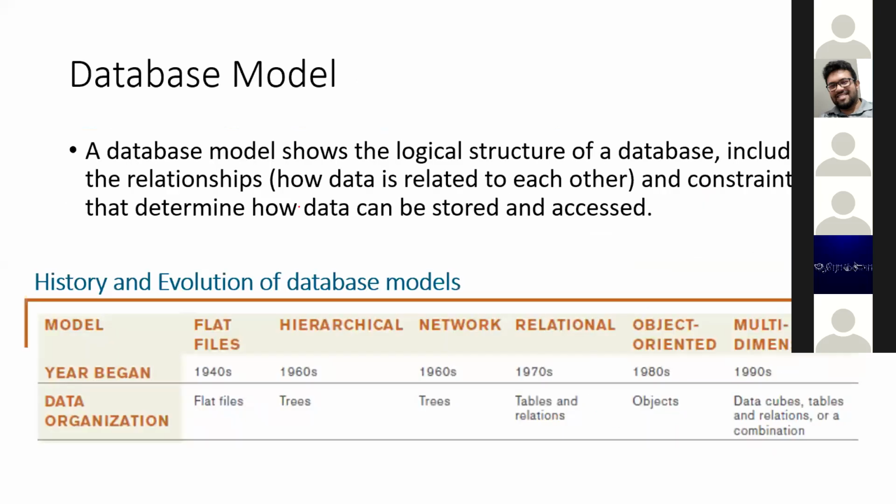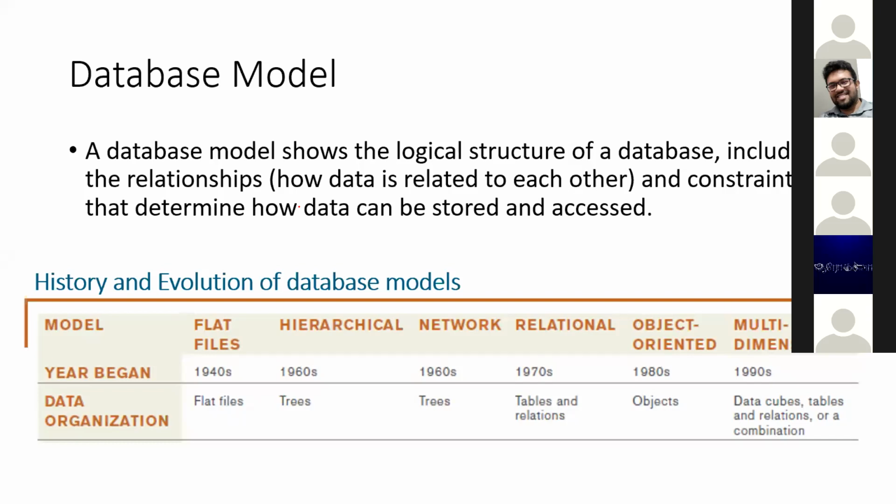Now database is one thing, database model is another thing. The database model shows the logical structure of a database, including their relationships, or how the data is related to each other, and constraints that determine how data can be stored and accessed. That means how different components within the database are getting connected to each other.